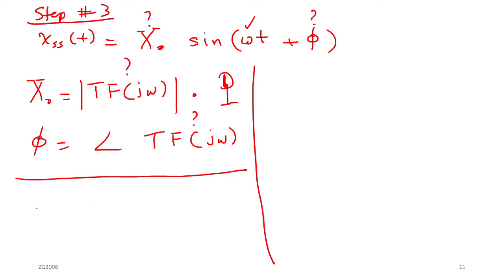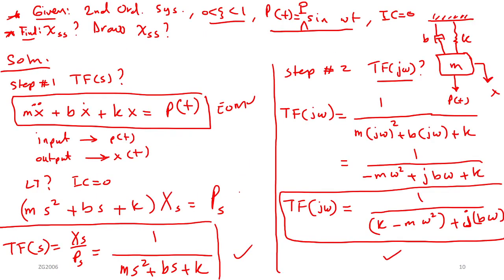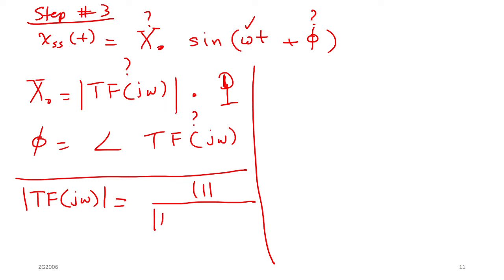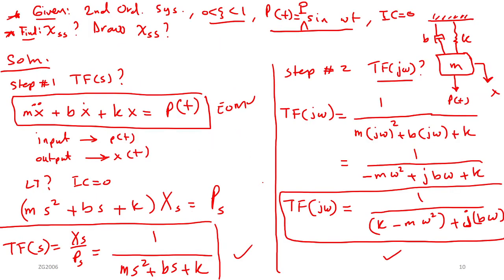For the magnitude, it will be just like in math, if you learned algebra and trigonometry. For T(jω), you have to find the magnitude of the numerator, or the top, over the magnitude of the denominator, which is K minus mω² plus j B ω.